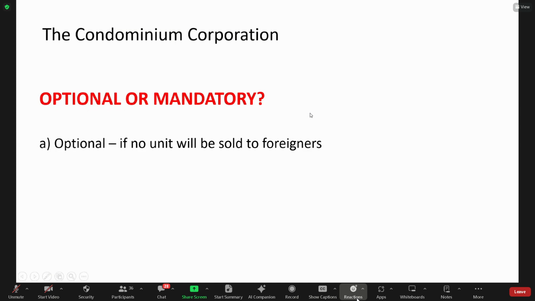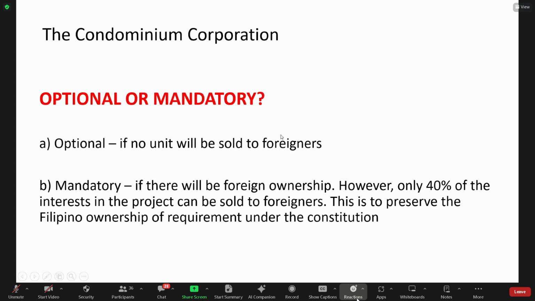It is optional if you have no plan to sell to foreigners. On the other hand, it is mandatory if there will be foreign ownership.